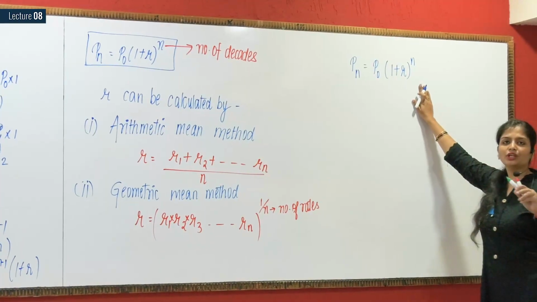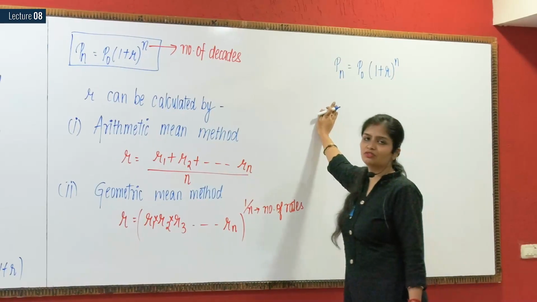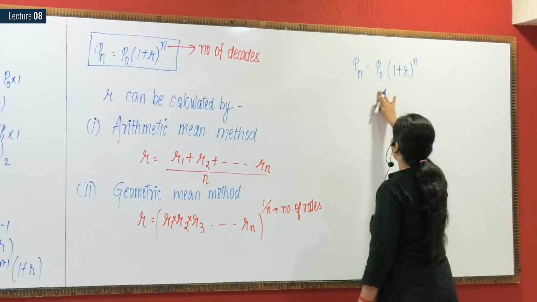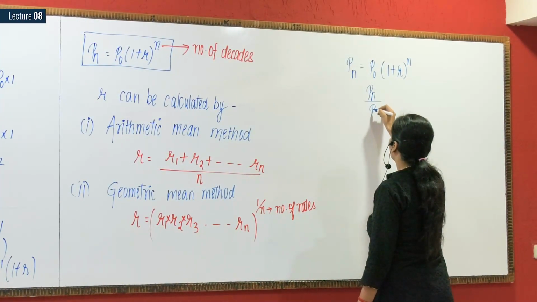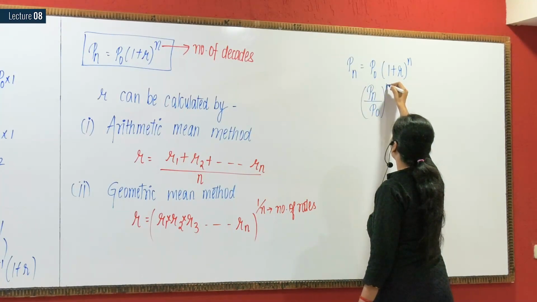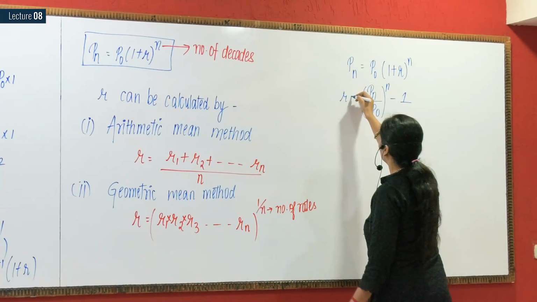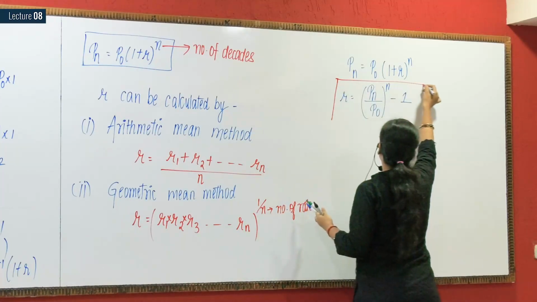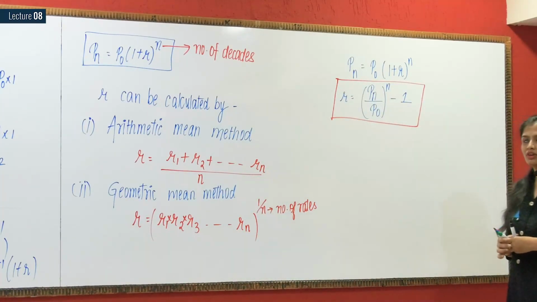You have been given only 2 datas and you have to calculate this whole population forecasting by the geometric increase method. What you will do? You will calculate the value of R by Pn upon P0, to the power 1 by n, minus 1. So, with the help of this equation, you will calculate the value of R.